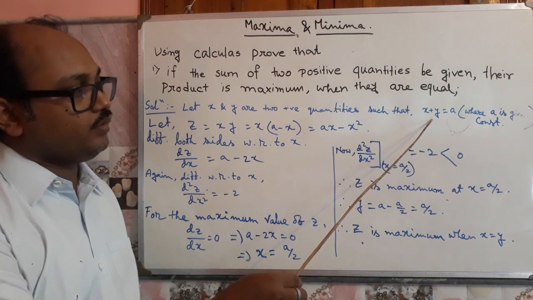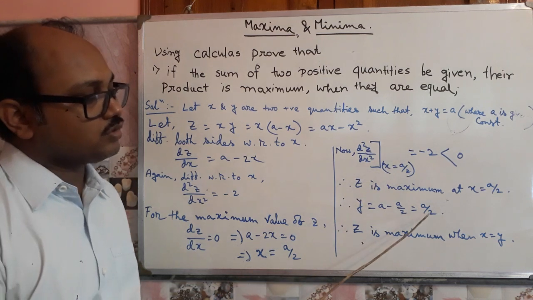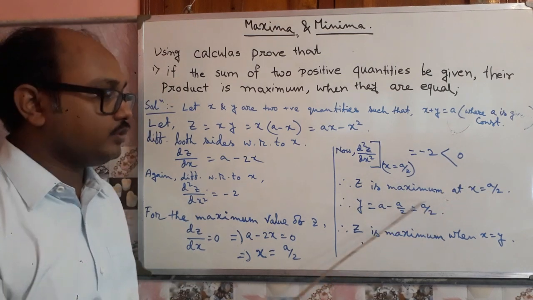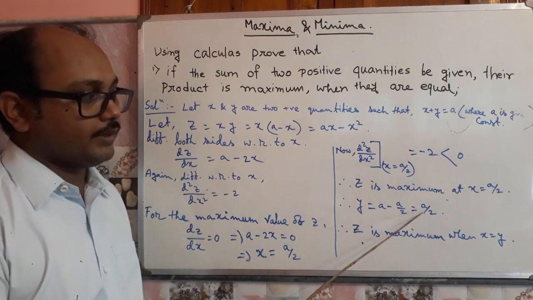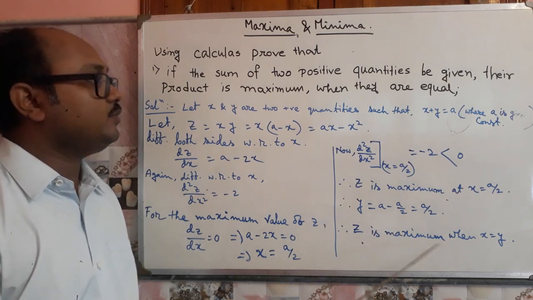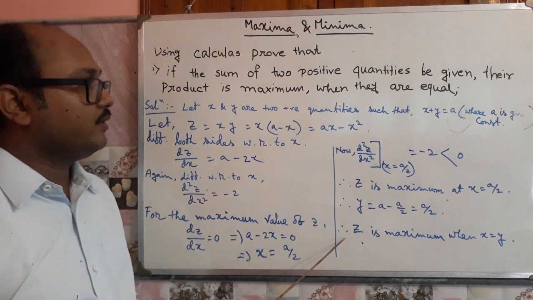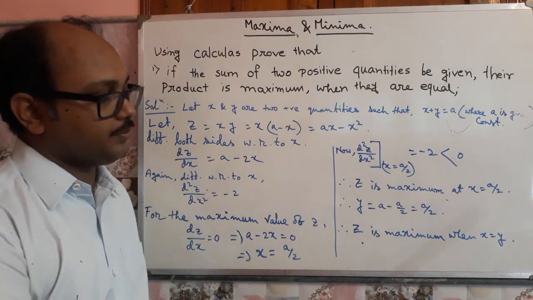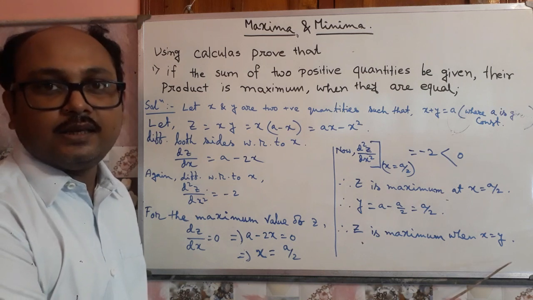Putting the value of x here, we get y is also a by 2. That means when x is equal to a by 2, y is also equal to a by 2. That is, x is equal to y when z is maximum. So it is proved that the product will be maximum when the two positive quantities x and y are equal.